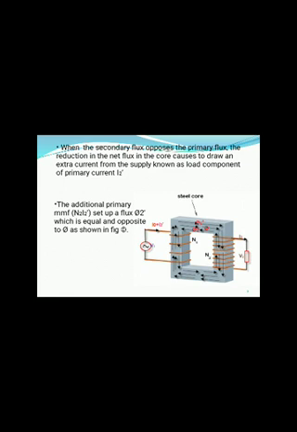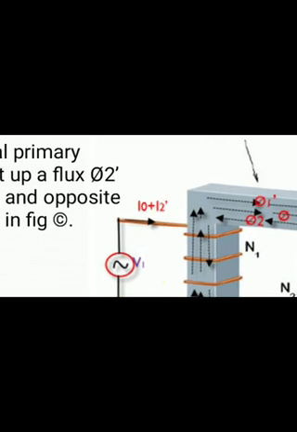That means φ2 is opposing φ1, and the resultant flux is reduced. This causes the primary to draw an extra current from the supply, known as the load component of primary current, I2 dash.